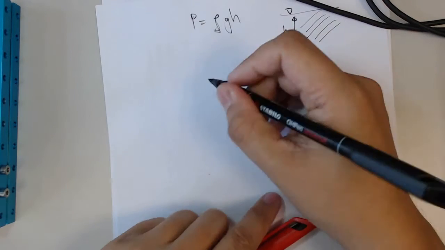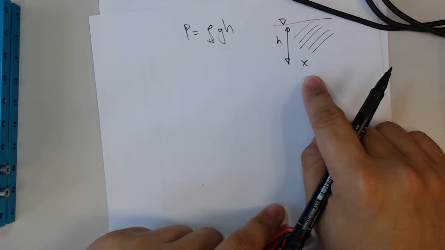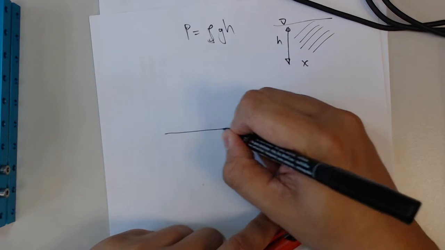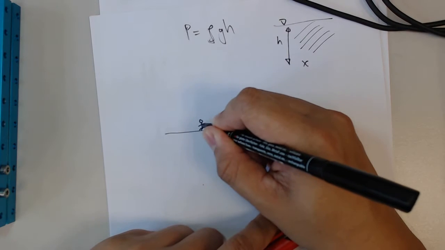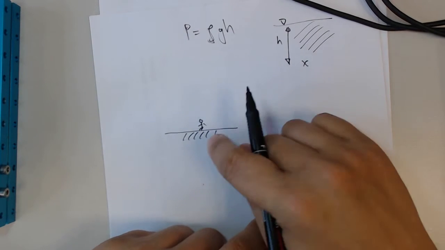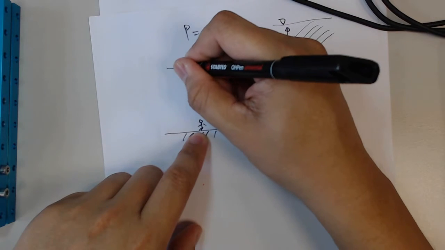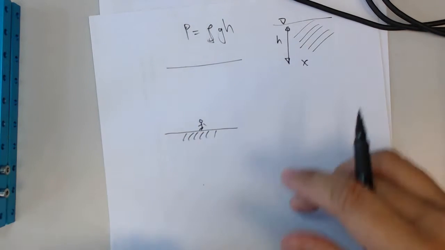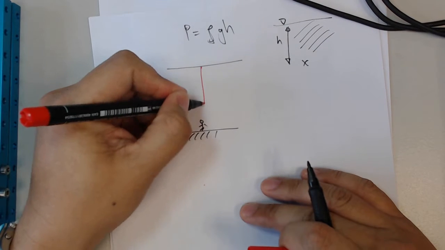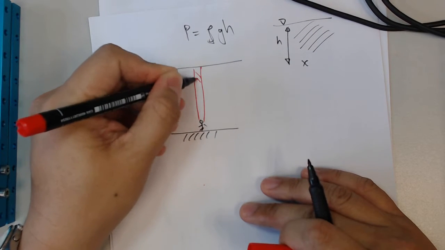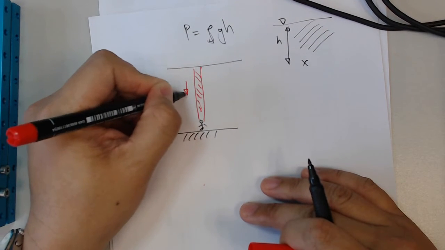We also extended this example to a person on the surface. If you look up, there is actually a column of air right above him, bearing down on him.